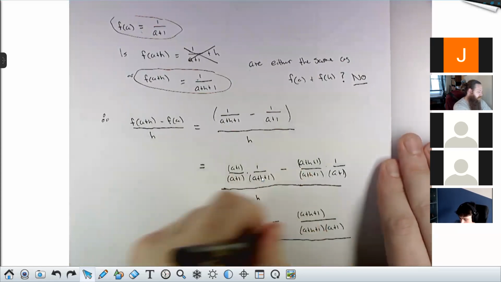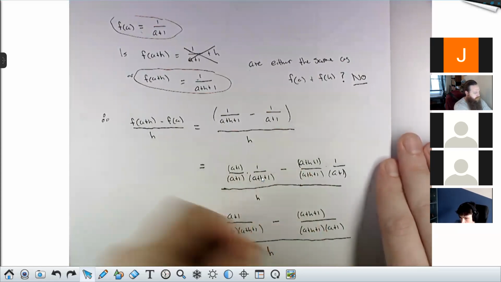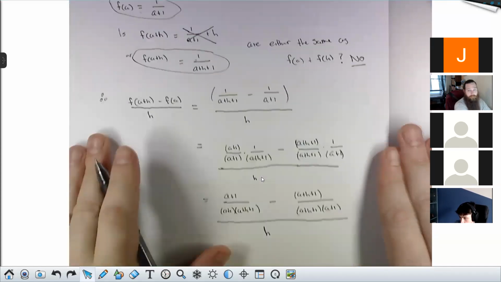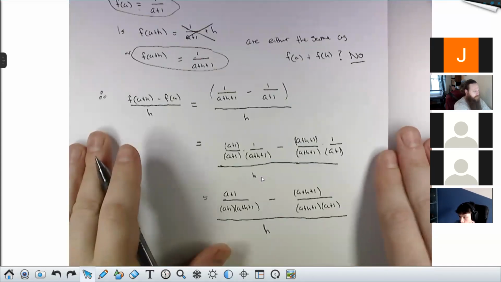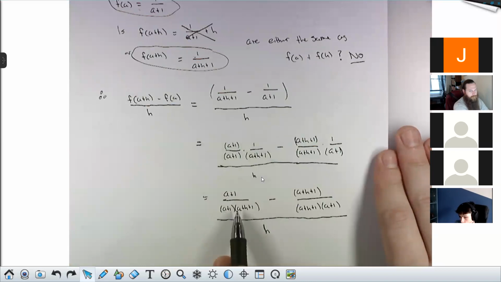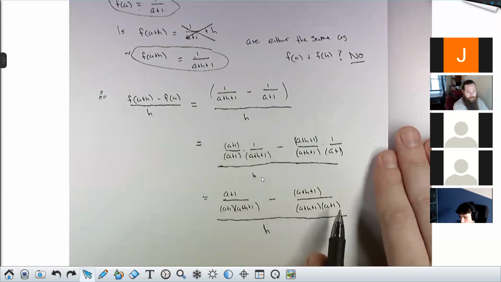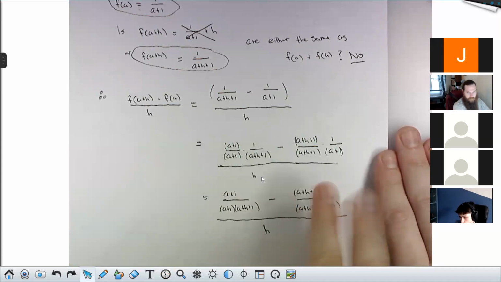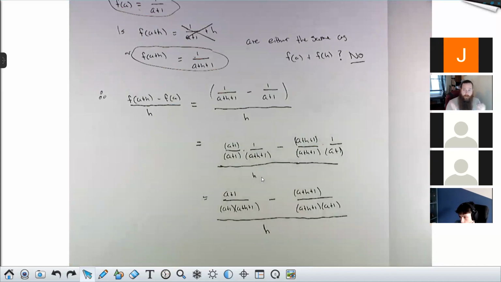And all this is still over h. Now, if you look at the denominator at this step, this guy's denominator is a plus 1 times a plus h plus 1. And this guy's denominator is a plus 1 times a plus h plus 1. They're just written in the other order, but it's multiplication. Multiplication is commutative. So now they have the same denominator, which means now I can subtract the fractions.